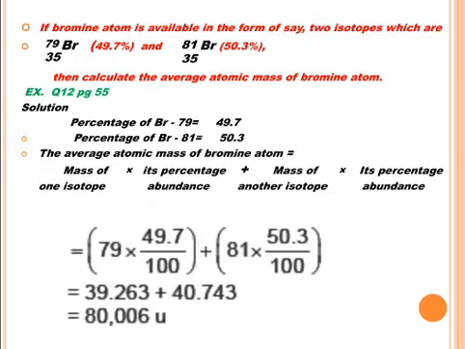So students, on the basis of this example, one numerical is asked in the exercise part of chapter 4 as question number 12, page 55. Let us see what it is.